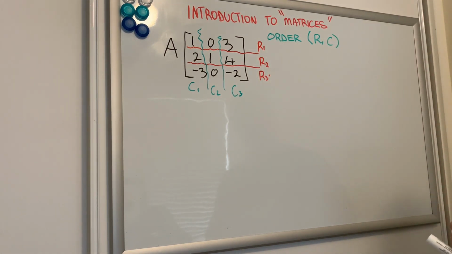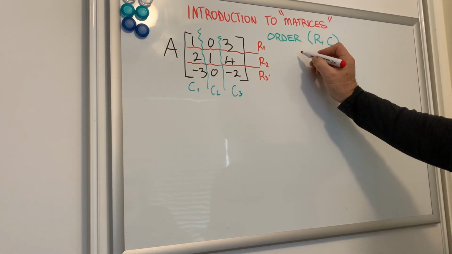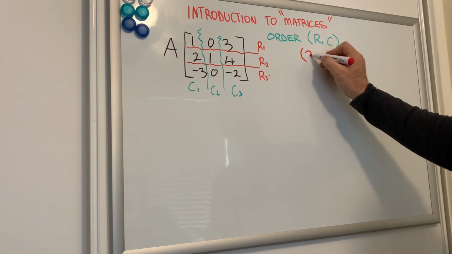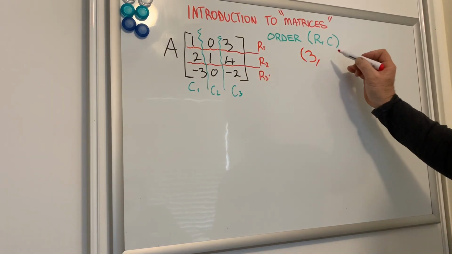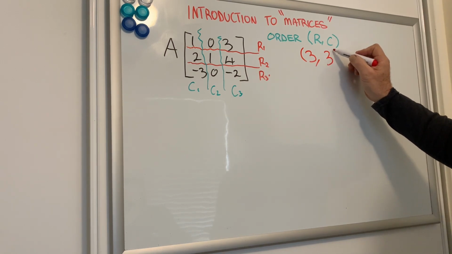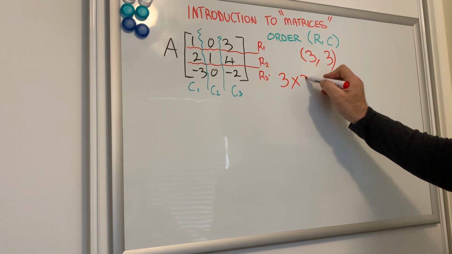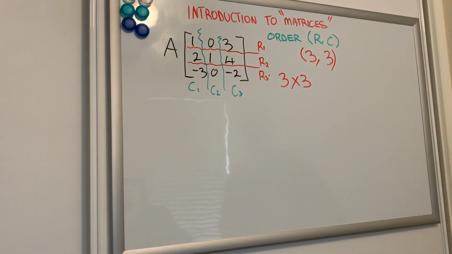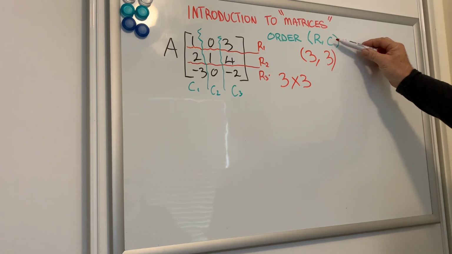So the rows, as we said, we've got 1 row, 2 rows, 3 rows. So the order is 3, and then we've got 3 columns. So the order is 3, 3. So it's actually 3 by 3, just to make it simpler for you. The row always comes first, then the column.